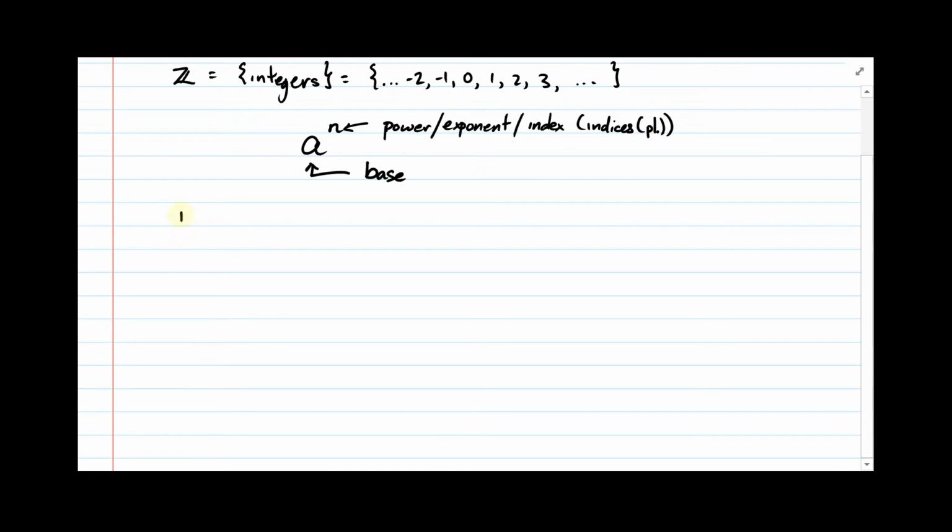And let's start off with one of the first rules that we learned. So let's go back. What does this a to the n mean? Taking n to be a nice whole number, we'd have n copies of a.